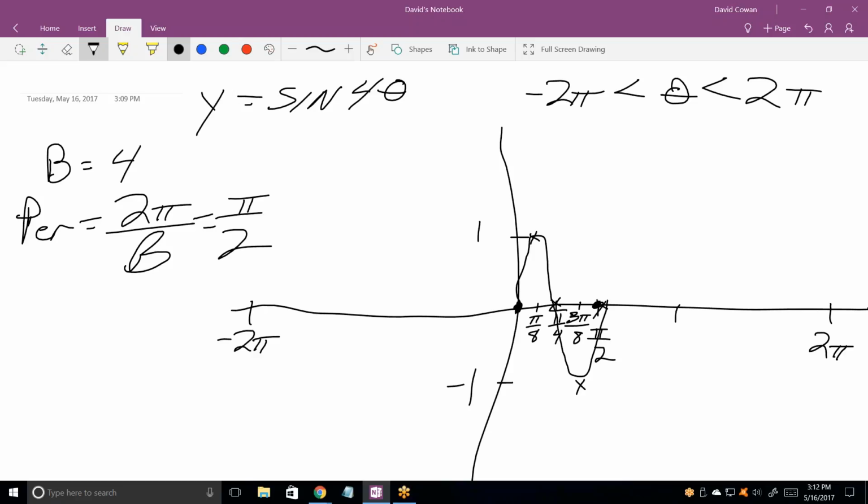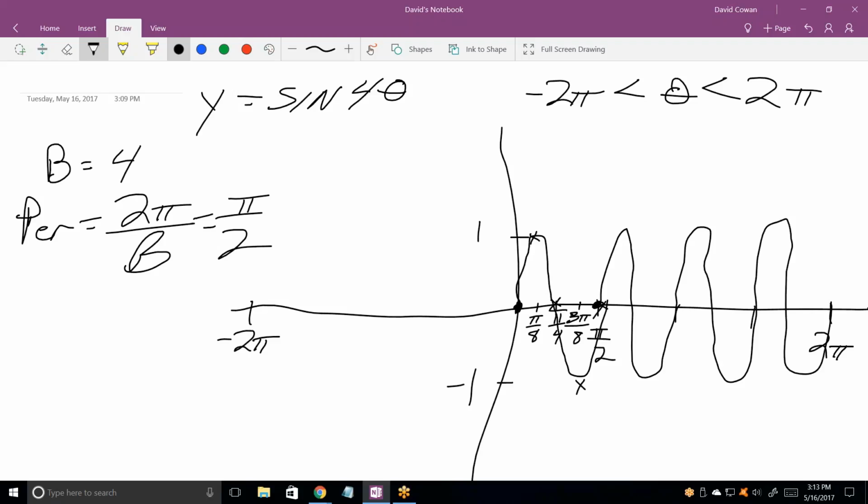In other words, I need one that goes through that, like that, like that, like that. Now I've got 4 cycles of this thing from 0 to 2 pi.